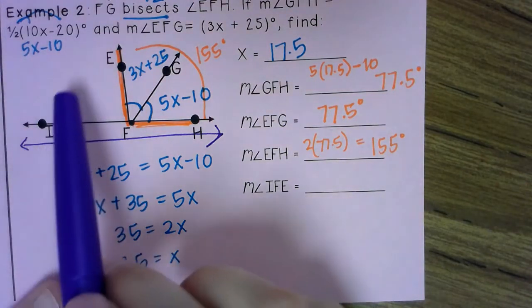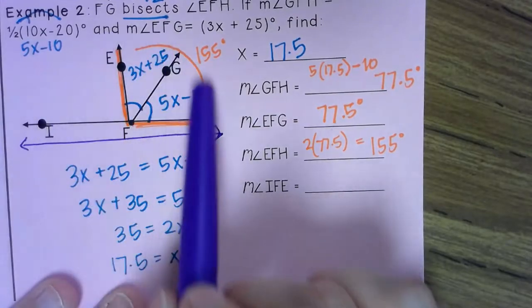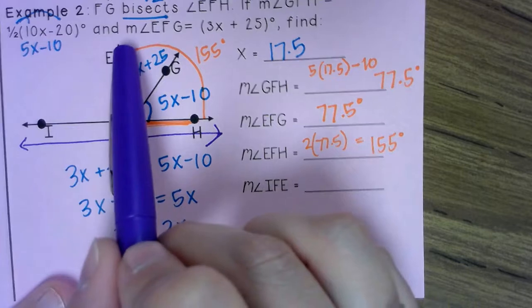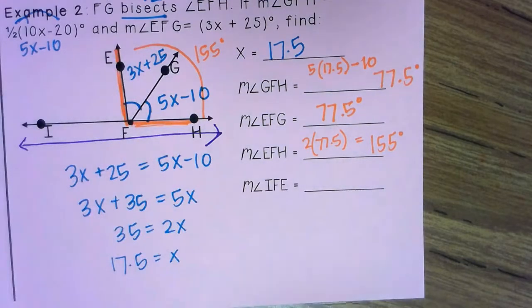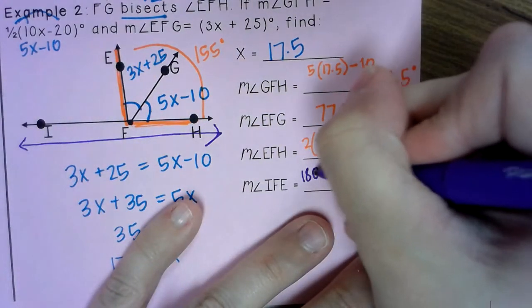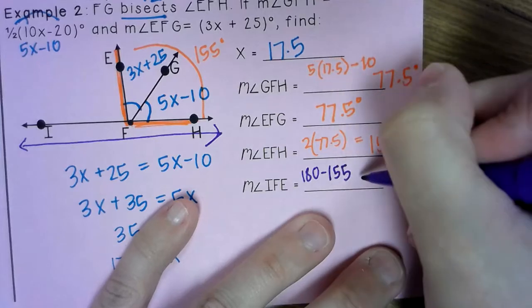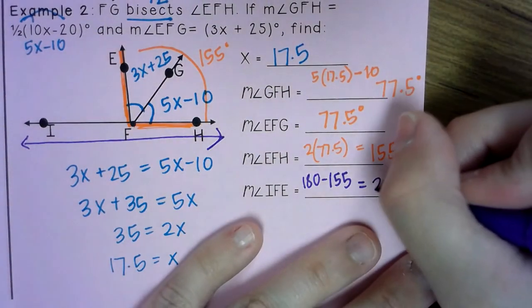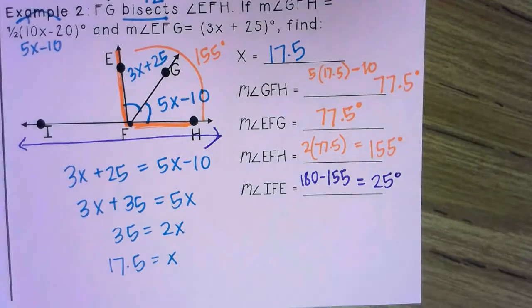So I know that these angles all have to add up to be 180. So if this angle right here is 155, to find the rest of my straight line, I can subtract 155 from 180, and that must mean the measure of angle IFE is 25 degrees. All right, all done with 1.5. See you later.